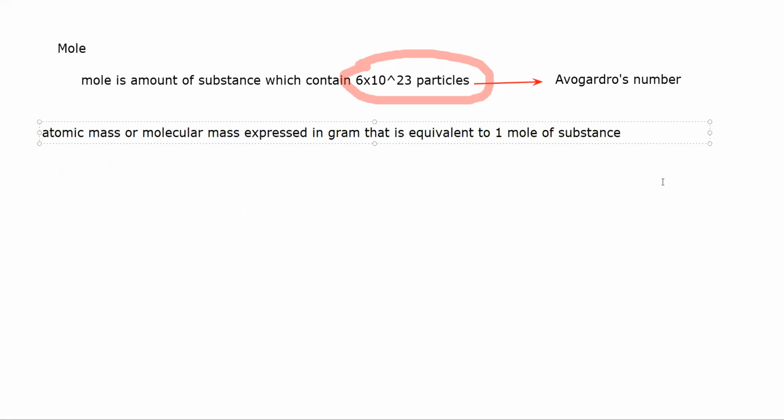So atomic mass or molecular mass, if it is expressed in gram, that is also equal to 1 mole of a substance. Example, you have sodium, which is 11 and 23.